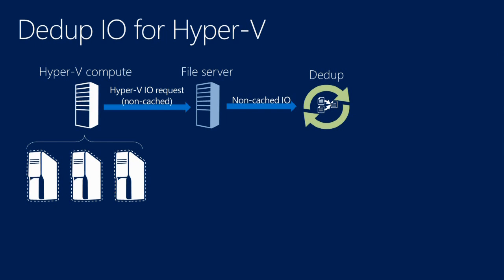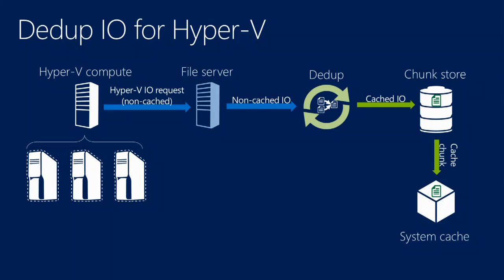But because, as Rutwick said in the first demo, we have this profile for deduplication for Hyper-V, we know that this is a Hyper-V request coming, and we know that we can convert that from non-cached to cached I/O. So we go to the chunk store.